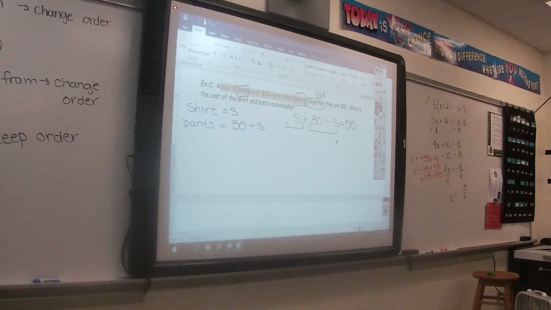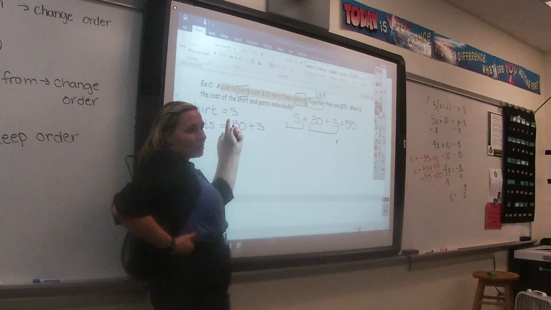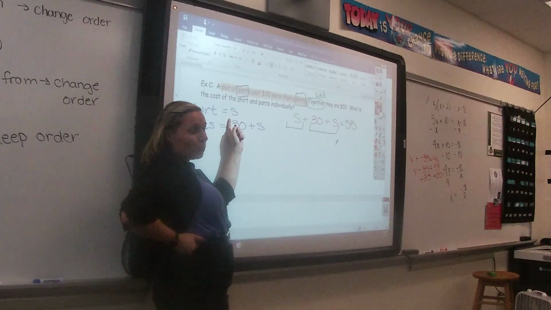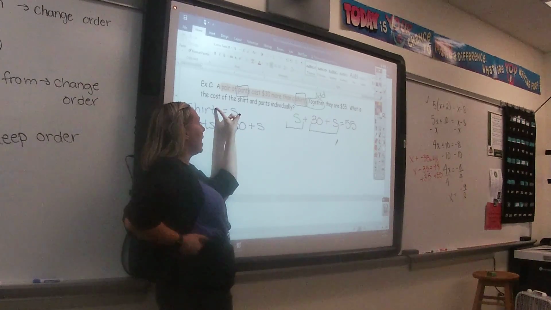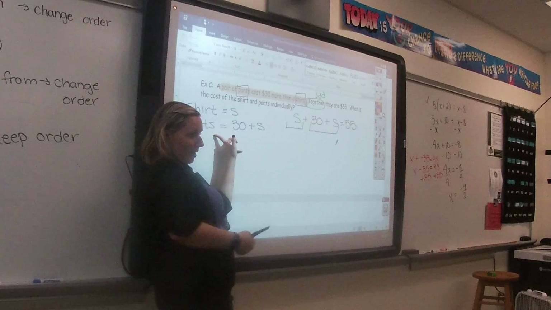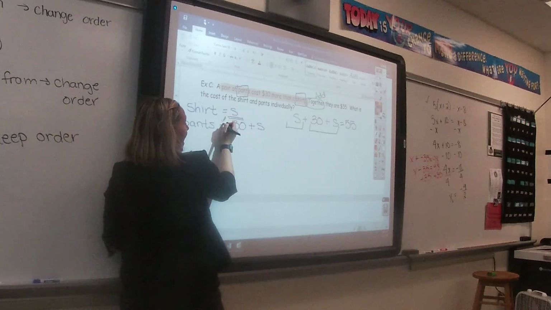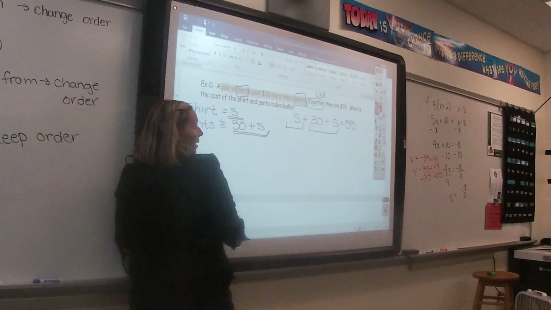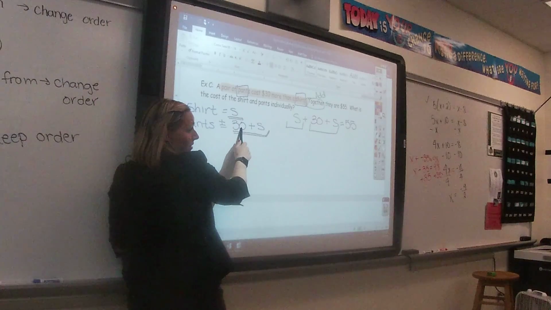I'm confused. Can you be more specific, or just where that equation's coming from, or what? Like why there are two S's. Okay, so if the shirt was $8 and the pants were $10, I would do 8 plus 10, right? So my shirt is now S, and I need to add that to my pants, which is now 30 plus S. My pants is not a number by itself.